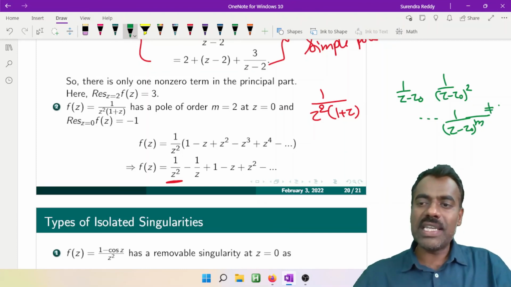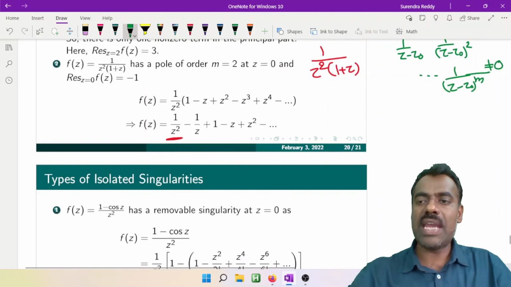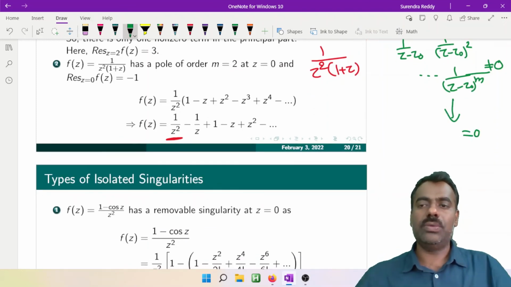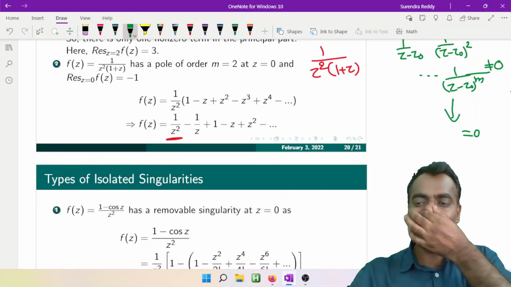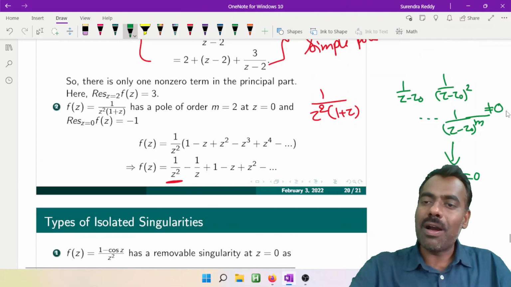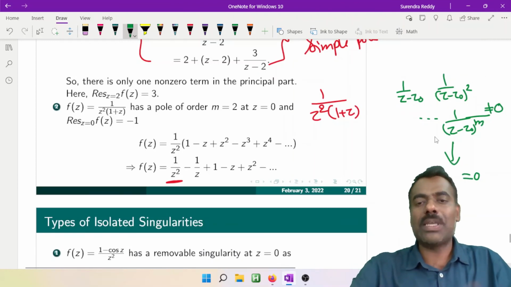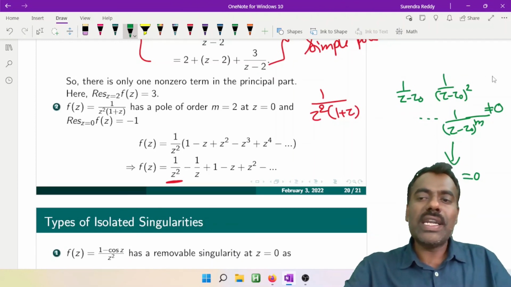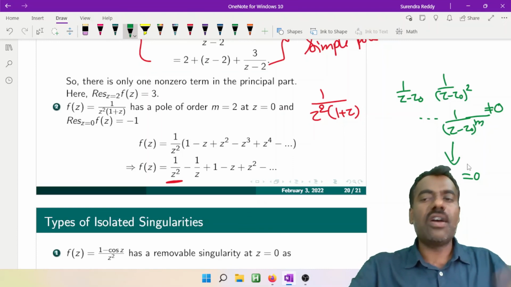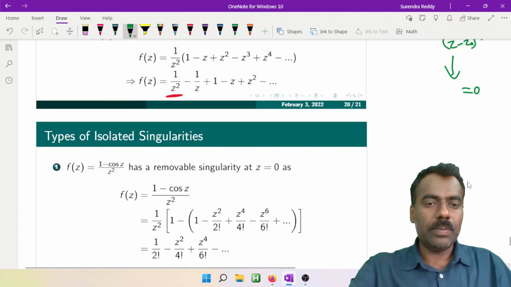What is necessary is that the mth should be non-zero, and after that, whatever we get should be all equal to 0. Before m, some may be 0, some may be non-zero, or all may be non-zero, or all may be 0. So there is no condition before m. At m and after m we have a condition for a pole.